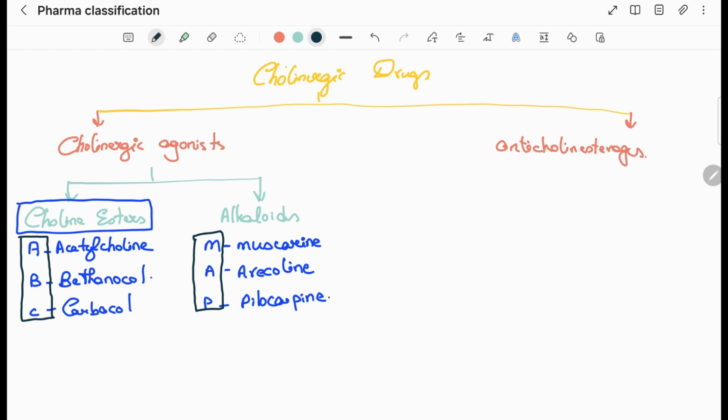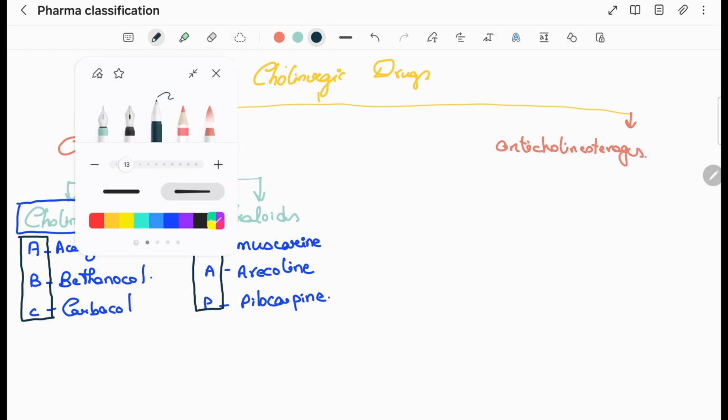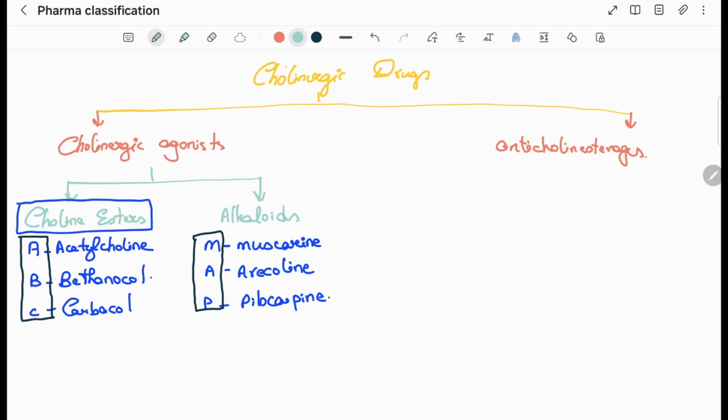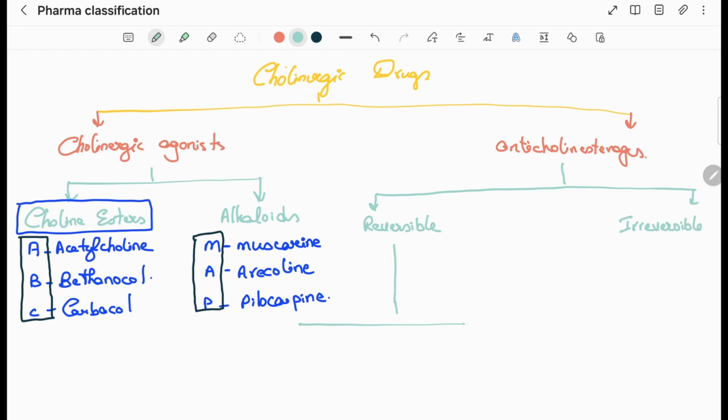Okay, and the second one is anticholinesterases. These anticholinesterases are again divided into two types depending on their reversibility, whether they are reversible or irreversible. If they are reversible, they are further classified into two types.